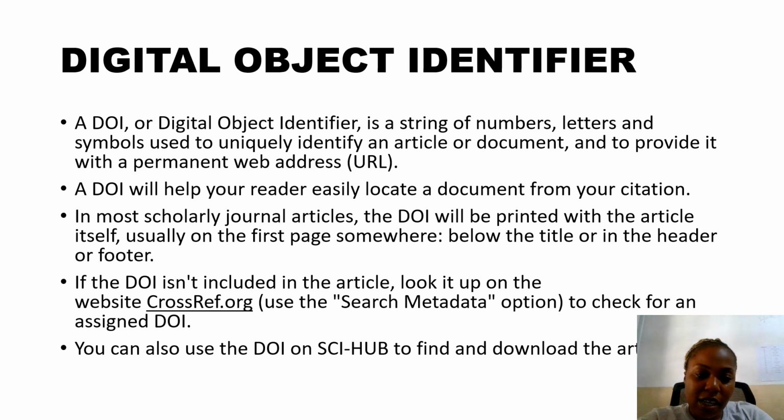In most scholarly journal articles, the DOI will be printed with the article itself, usually on the first page, below the title or in the header or footer section of the paper. If the DOI isn't included in the article, you can look for it on a website called crossref.org to check for the assigned DOI of an article.